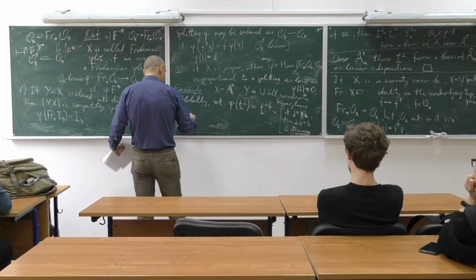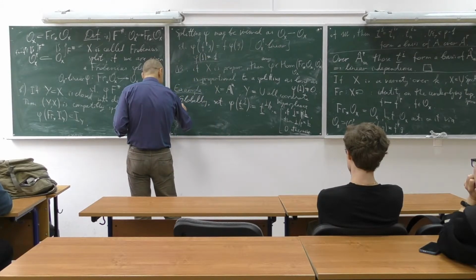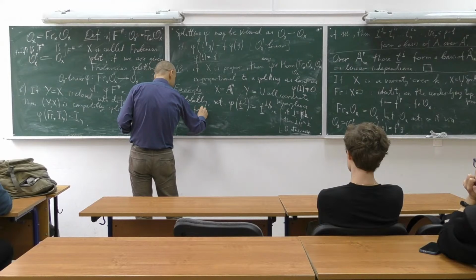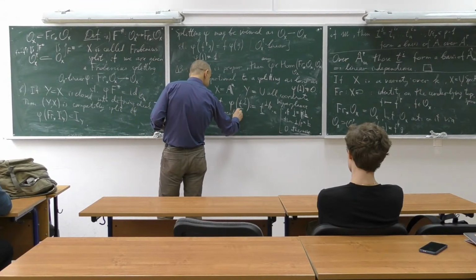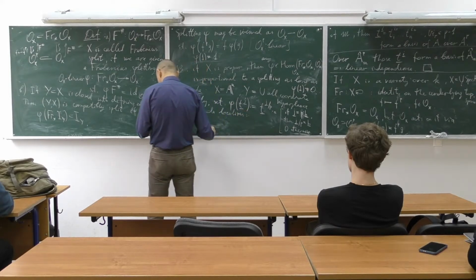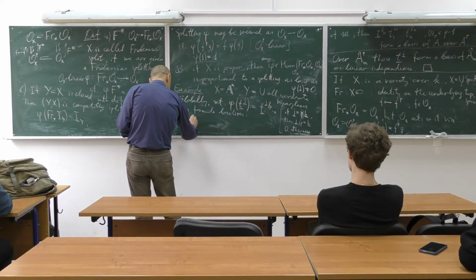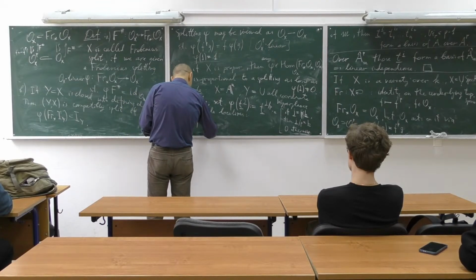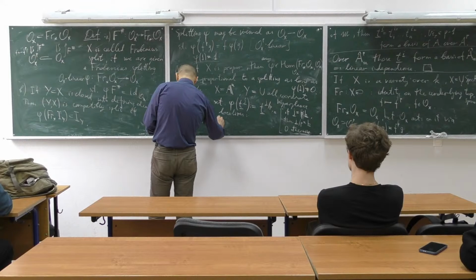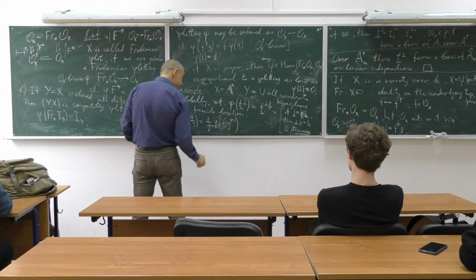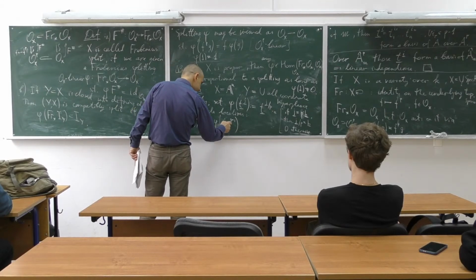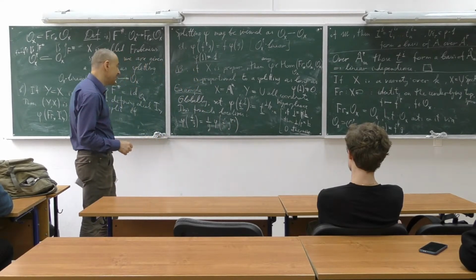And it localizes. Namely, we just say that phi of f over g is equal to 1 over g times phi of f times g to the power p minus 1.